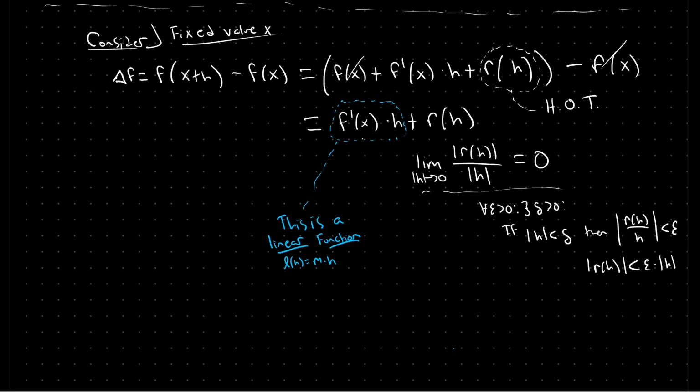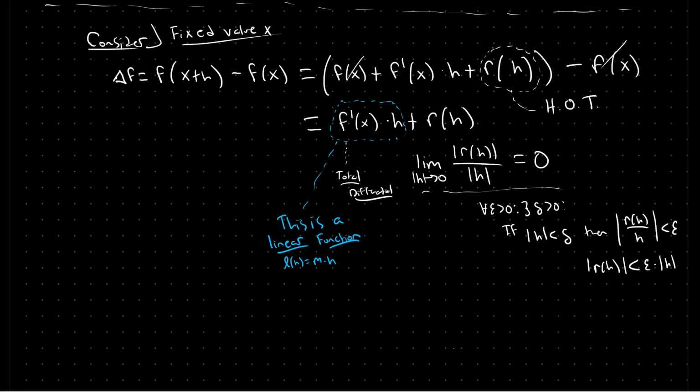So if we have the existence of this linear function, such that the increment is equal to the linear function plus this remainder, whose limit goes to 0 in this way, then we say the function is differentiable. Note that this is a linear function. This is sometimes called the total differential of the function f.